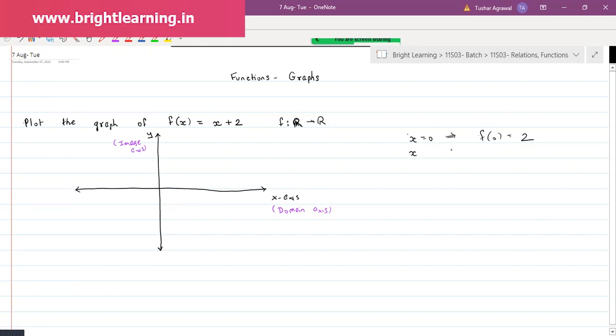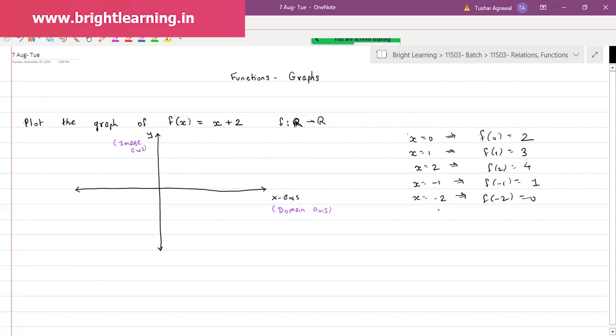The image of x equal to 1, f of 1, is equal to 3. The image of 2 will be equal to 4, and so on. Similarly, for x equal to minus 1, f of minus 1 is equal to 1. If x is equal to minus 2, f of minus 2 will be 0.